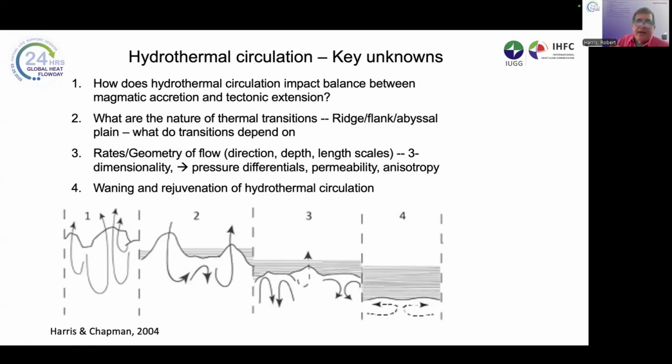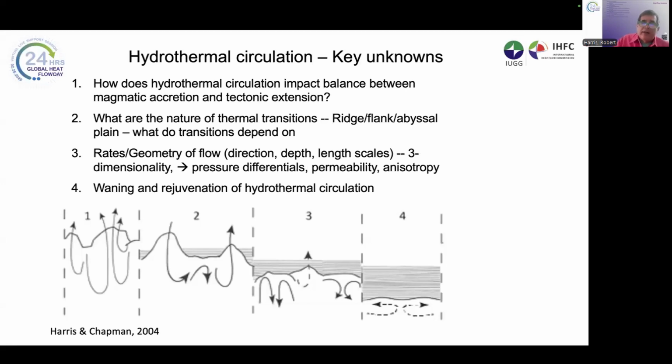How does that hydrothermal circulation impact the evolution of oceanic crust, the evolution of permeability? What are the rates and the geometry of flow? I think that we know a lot about, say, the rates of flow, but much less about the geometry of flow, certainly about the depth of flow, things like that. And then how does hydrothermal circulation wane, and does it get rejuvenated?